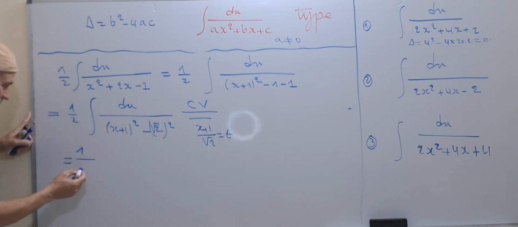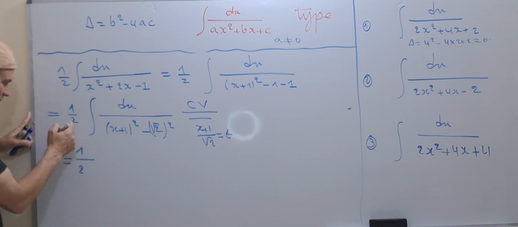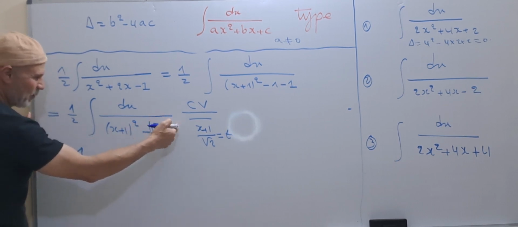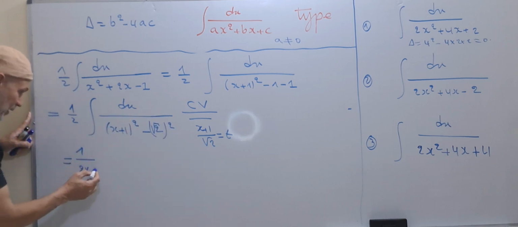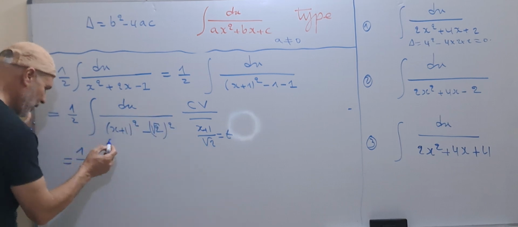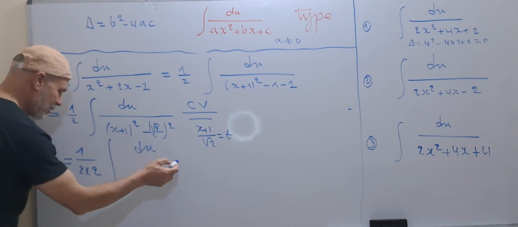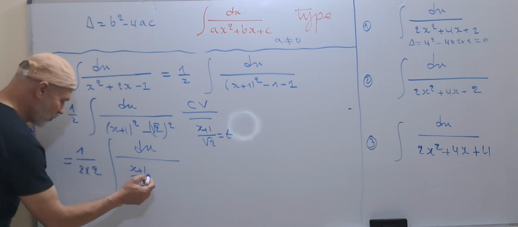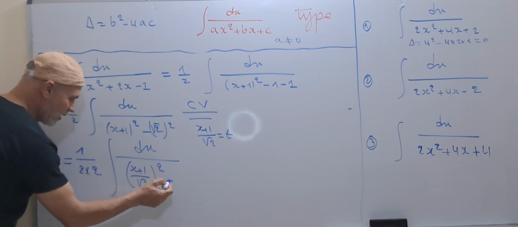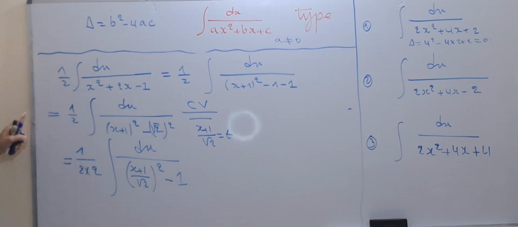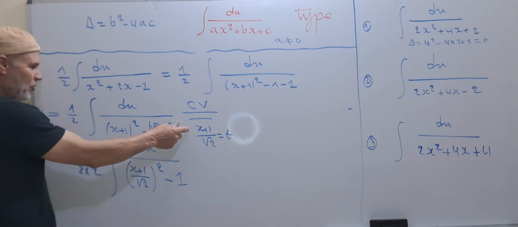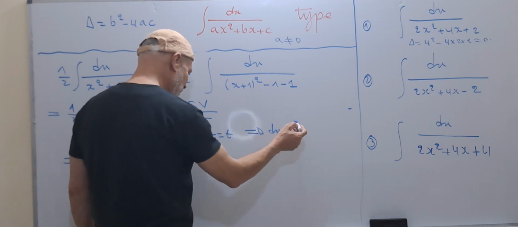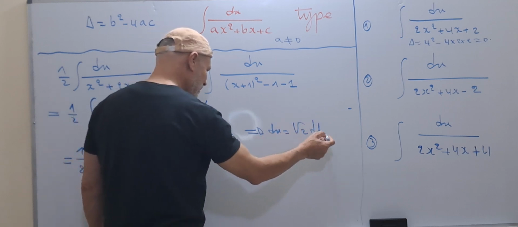So we have 2, this one, and from here we take the square root of 2 power 2 as factor, so times 2, the integral dx over ((x plus 1) over the square root of 2) square minus 1. With this change of variable, we get dx equal the square root of 2 dt.